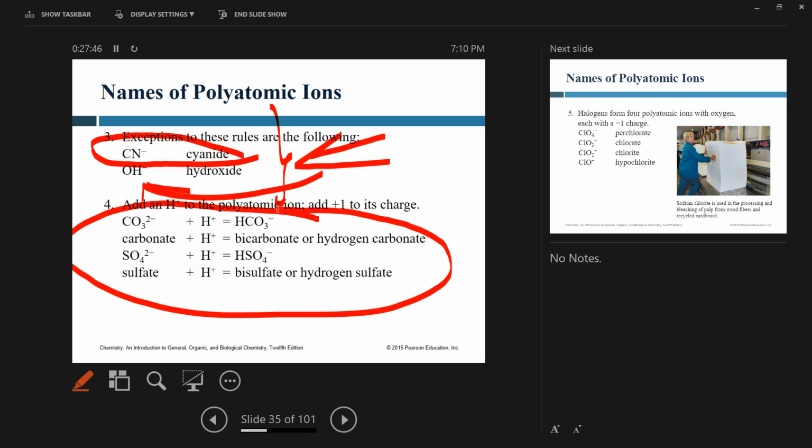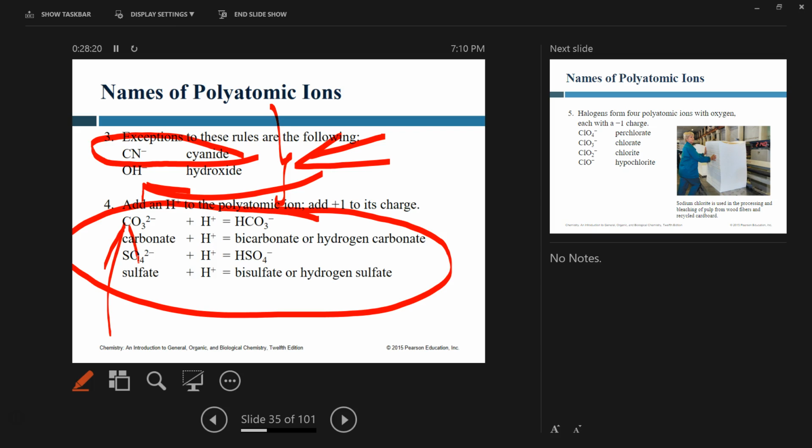So say you have carbonate, CO3 2 minus. By the way, in the carbonate, what's the charge on carbon? Plus 4, exactly. In which group is carbon? 4. So it lost all its electrons. It's in the maximum, has a maximum oxidation number.